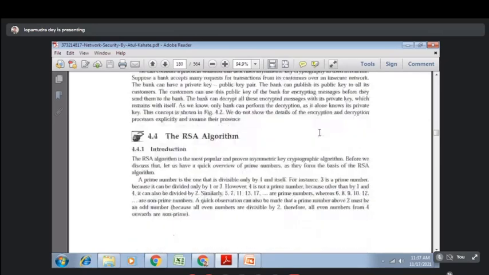Just like the Diffie-Hellman key exchange algorithm, in asymmetric cryptography there is also the RSA algorithm, which is a key generation algorithm.